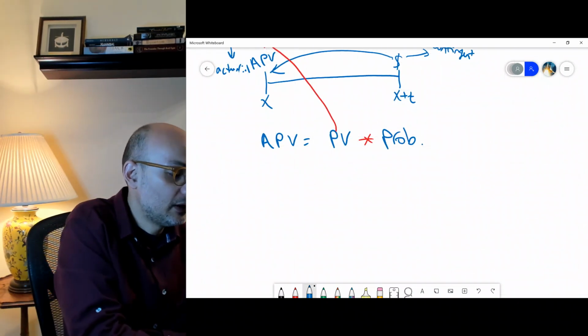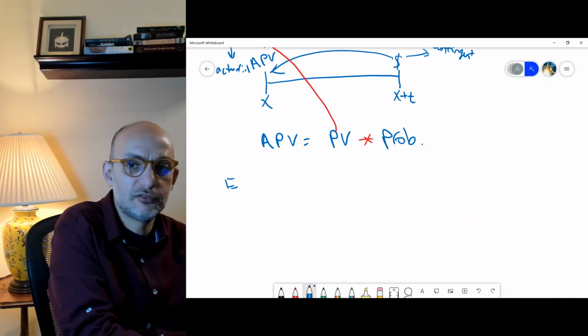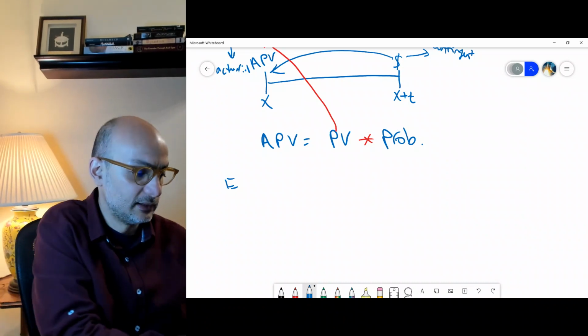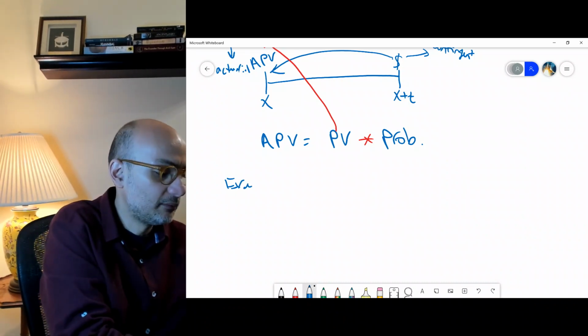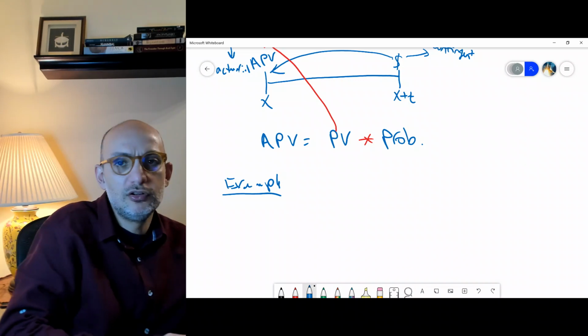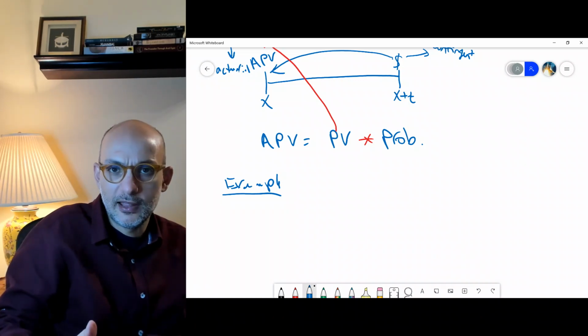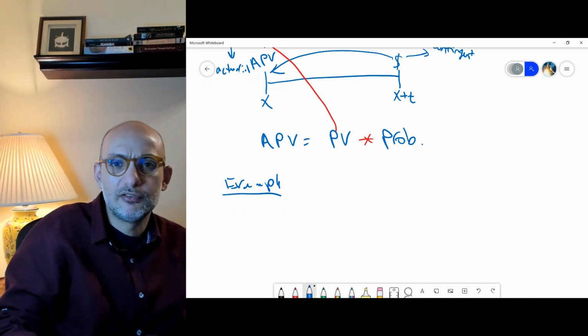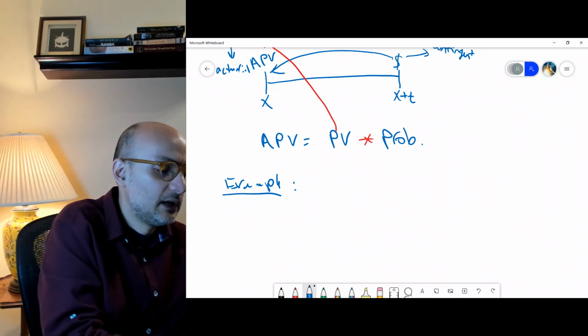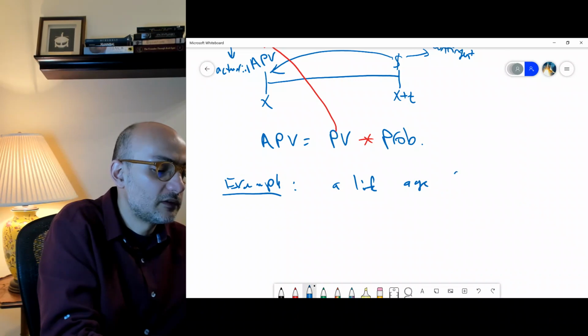Let's take a quick example. It should be straightforward, not a really complicated area. I said life insurance at death, but let's not take life insurance. Let's take somebody alive, age 60.